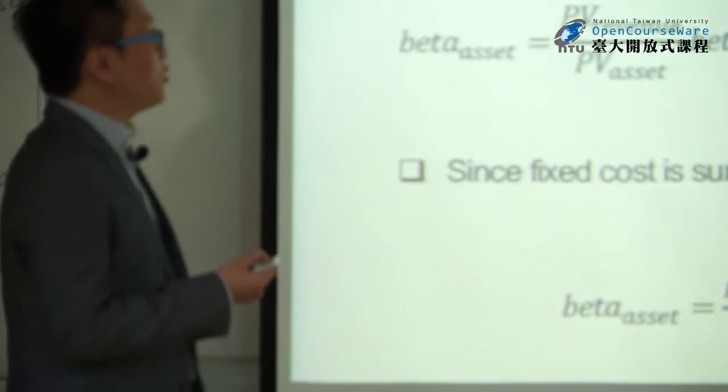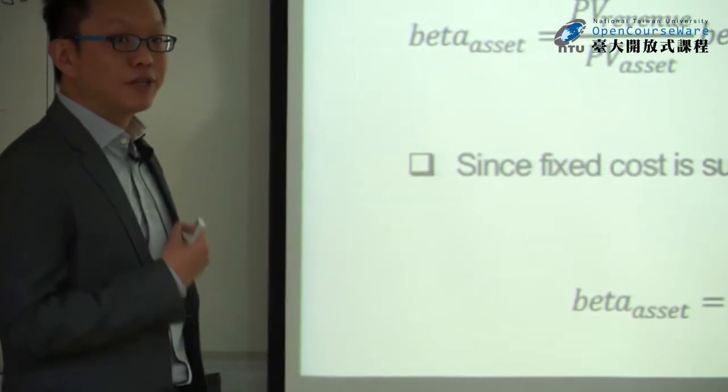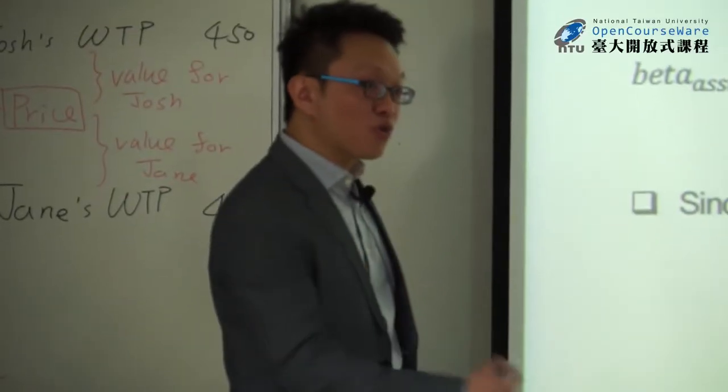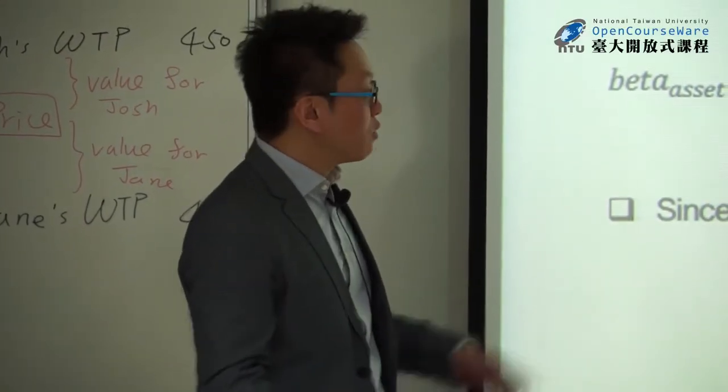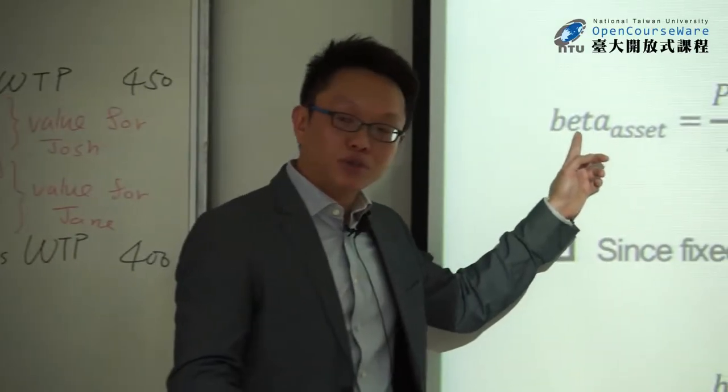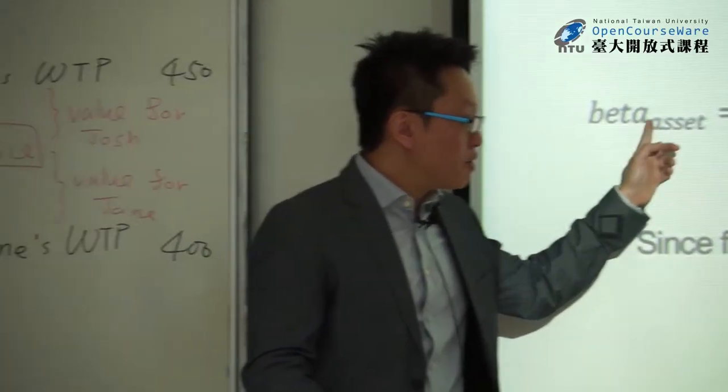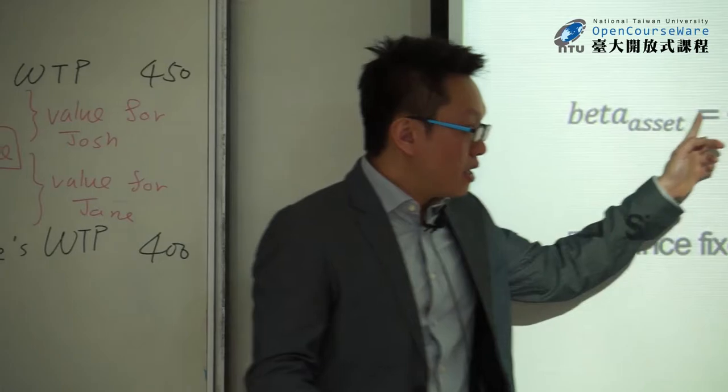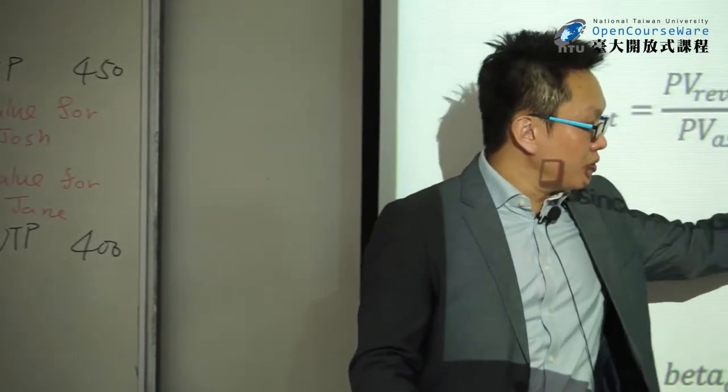Now, we go through this idea further. Present value is a fixed number, but we want to measure risk. So we want to treat it as a random variable. So we still go through the corporate finance textbook. Usually it will tell us beta, how much risk you take for your business model, can be further decomposed into beta for your revenue, beta for your fixed cost, and beta for your variable cost.